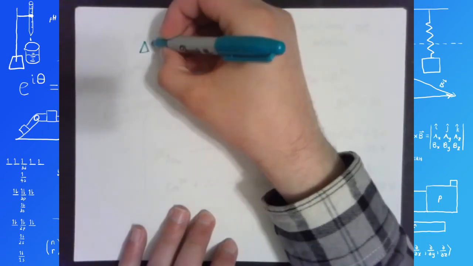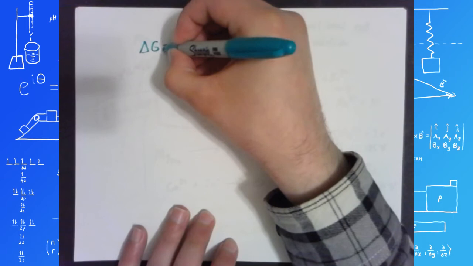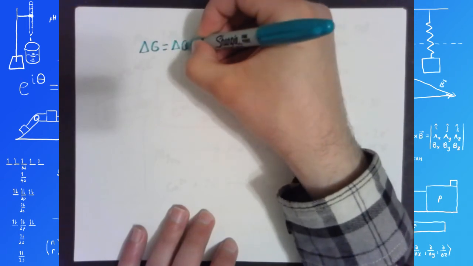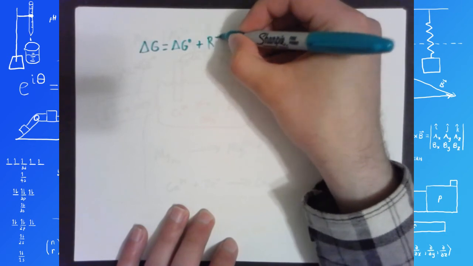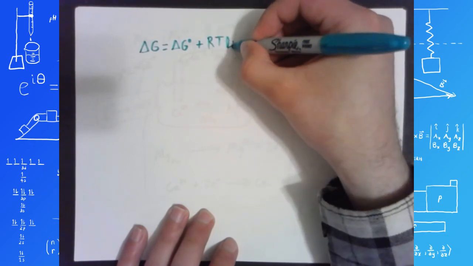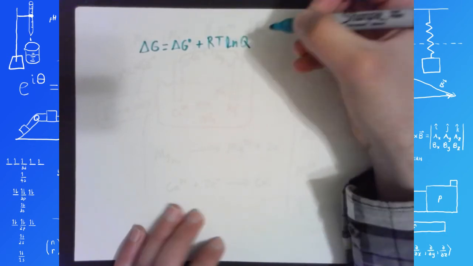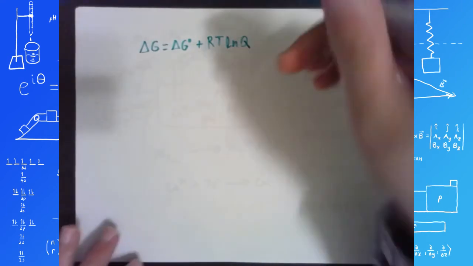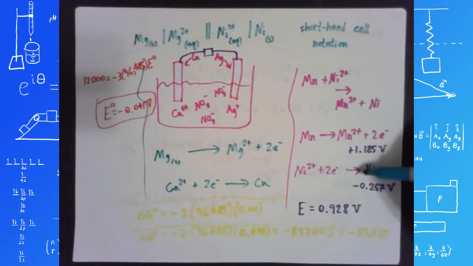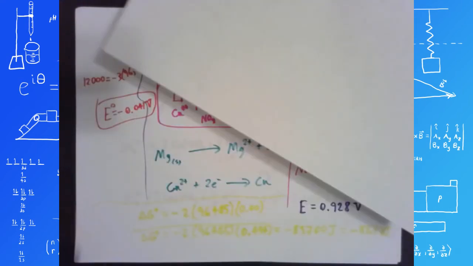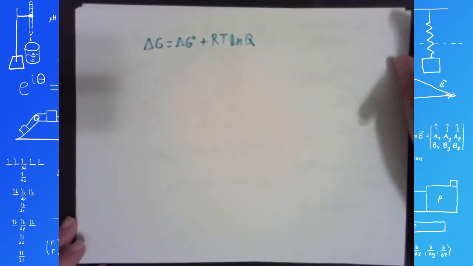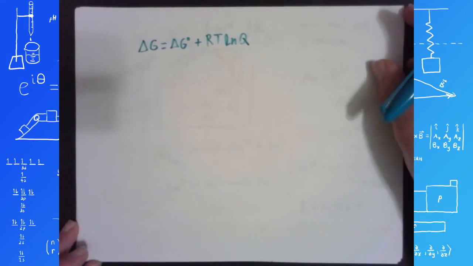We said that delta G in general is equal to delta G standard plus RT ln of Q. And even though we've been drawing single arrows for all of our redox equations so far, we can just easily replace them with double arrows and define a Q value for them.